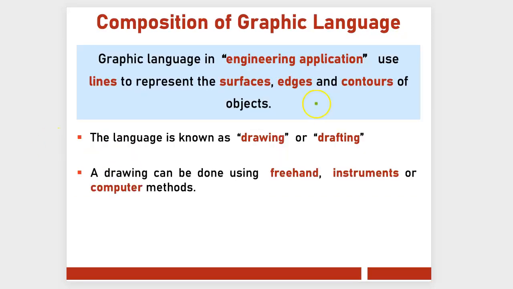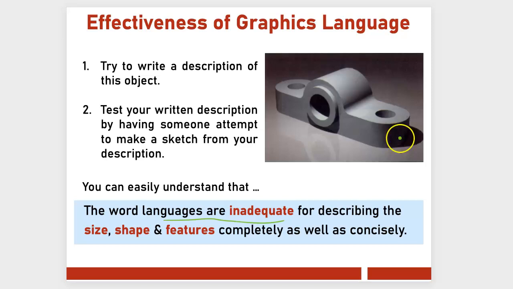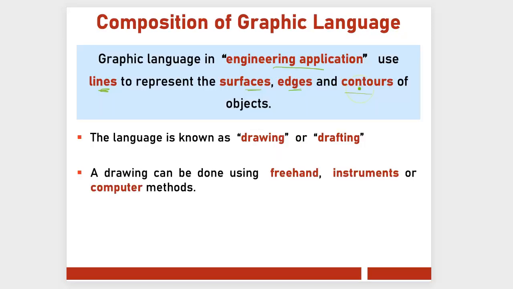Now, graphic language in engineering applications uses lines to represent surfaces, edges, and contours of objects. You have seen it in the example just now. Lines are used to describe surfaces, edges, and contours.